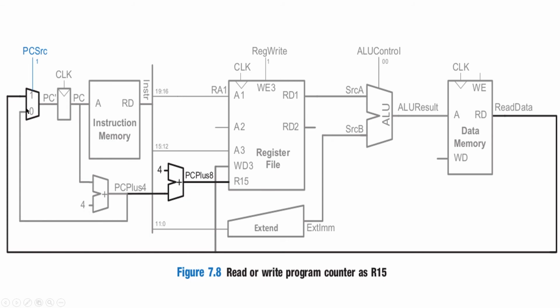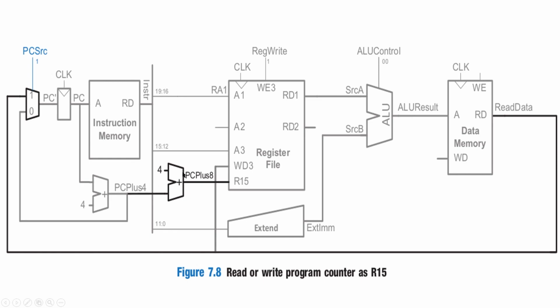If we go to the 0 route, we will increment the PC with the value 4, and then it's going to go through another adder because the ARM architecture stores 2 instructions ahead in the PC, or R15. So we're going to have another adder with the value of 4 added to the current PC.